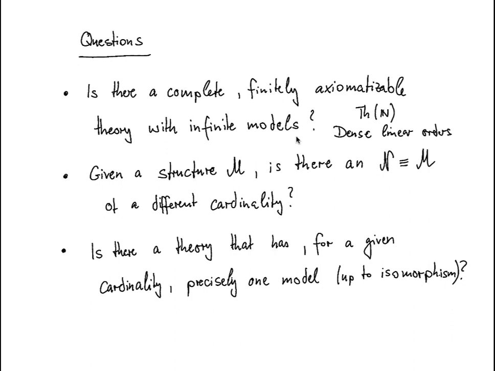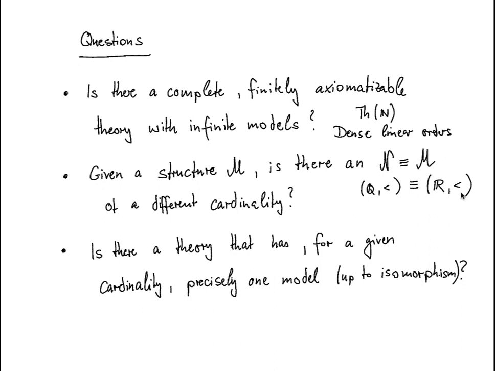Then we could also ask, we've seen that even a complete theory can have non-isomorphic models. For example, we haven't proved this yet, but we will at some point, when we're looking at dense linear orders, I stated that these two structures here are actually elementary equivalent.